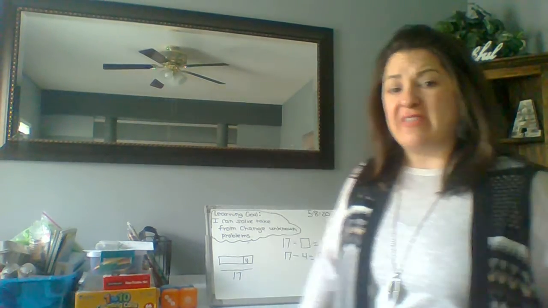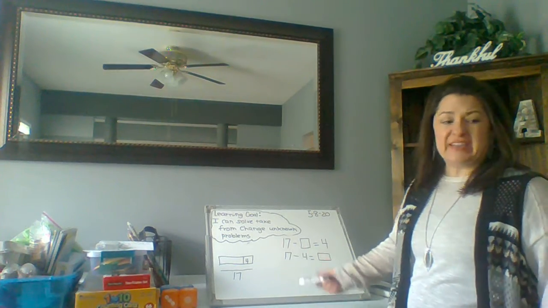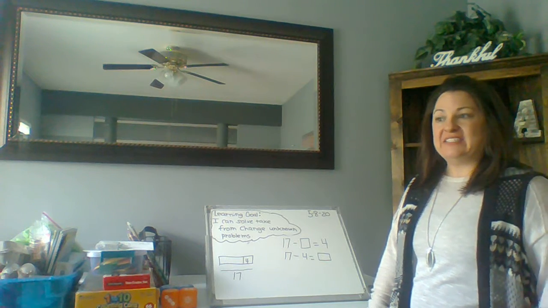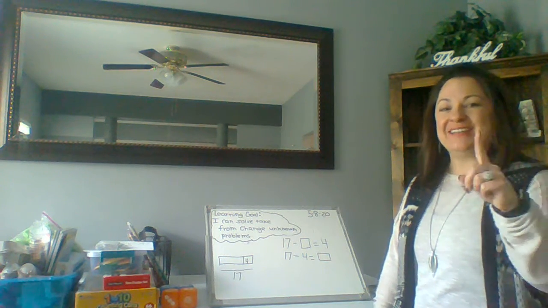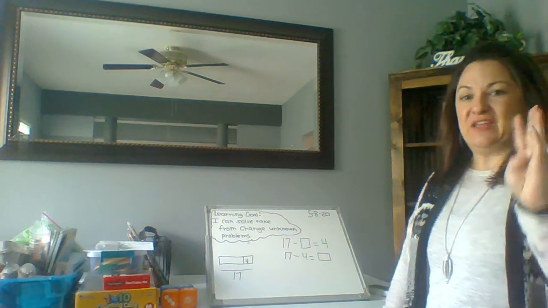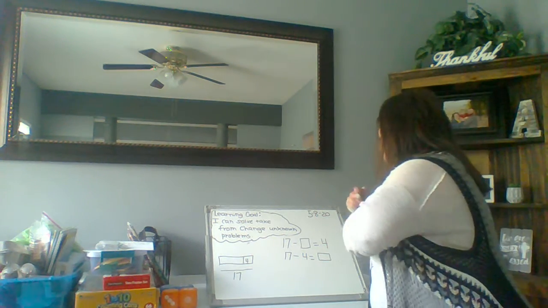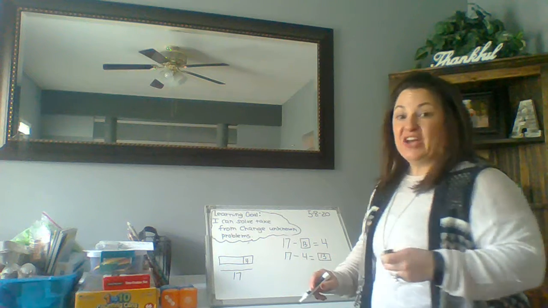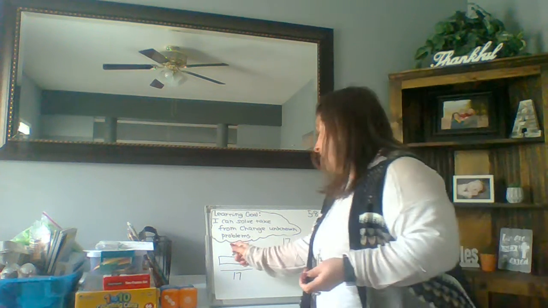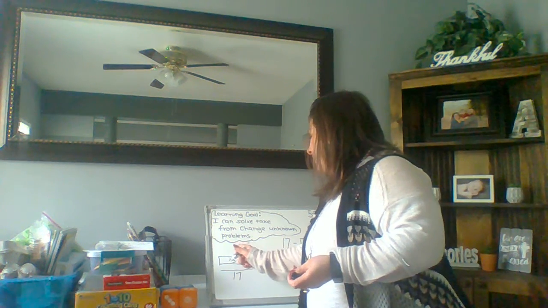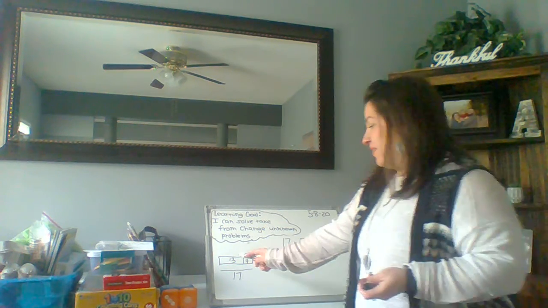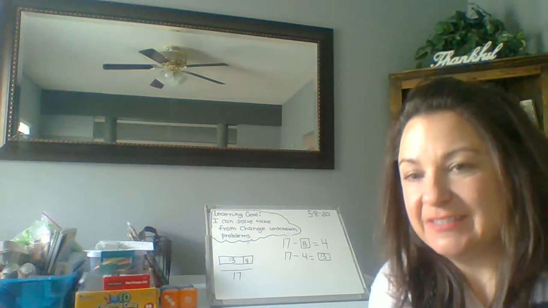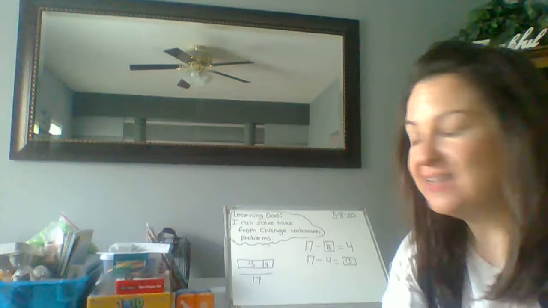So we can solve that one pretty quickly because we can just count back. 17, 16, 15, 14, 13. So we know that Anton got 13 tadpoles. Now, do you see how this could help you? I'm going to bring this just a little bit closer.